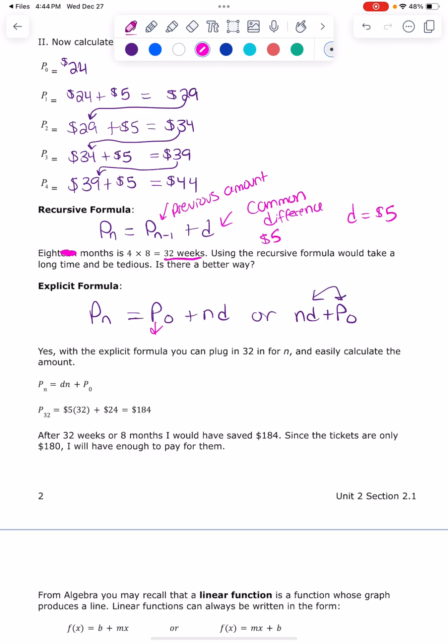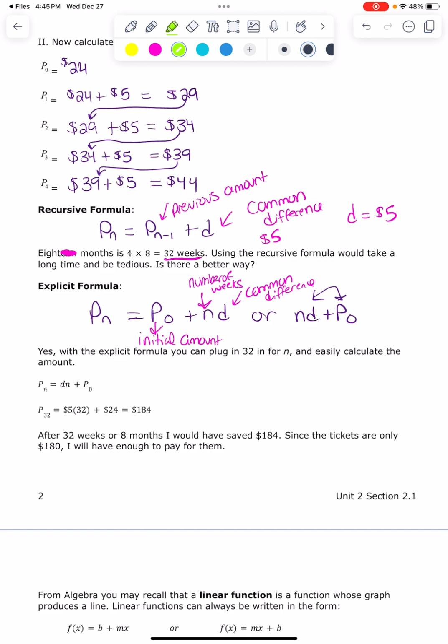P sub 0 again is the initial amount. D is the common difference, in this case 5. And n is the number of weeks. So if we have the number of weeks, then we can just plug that in, and we're using 32 here.